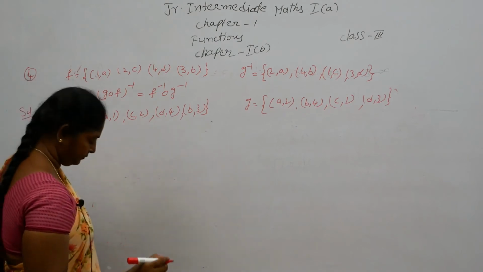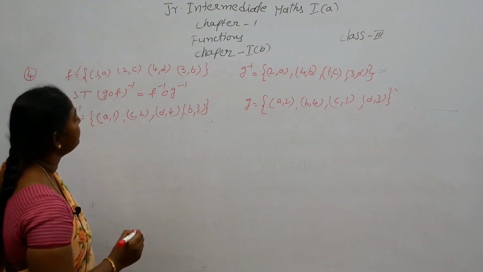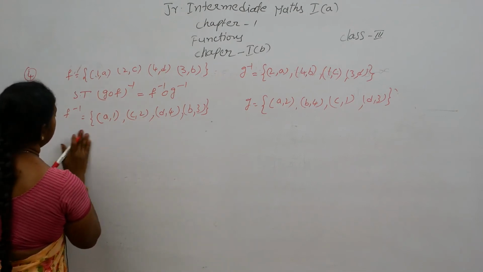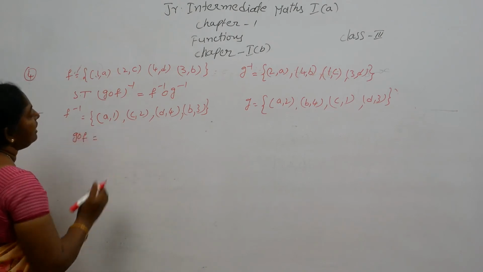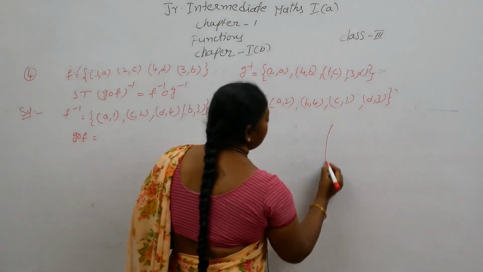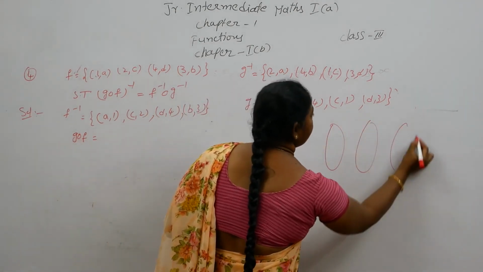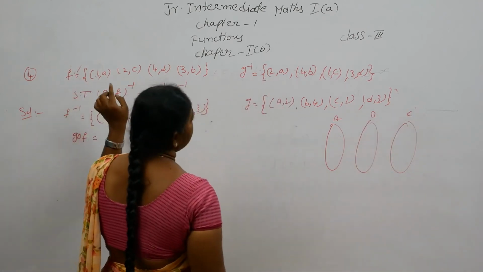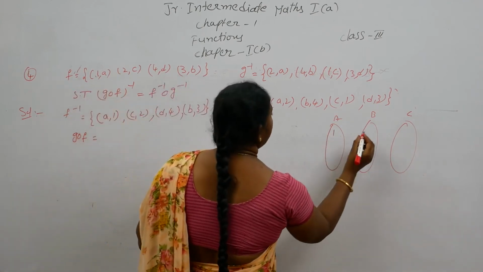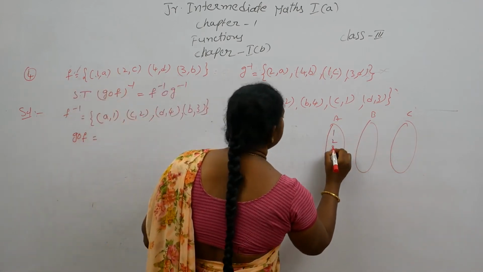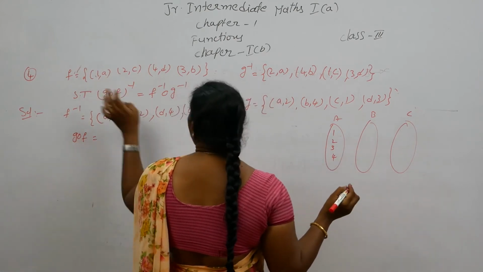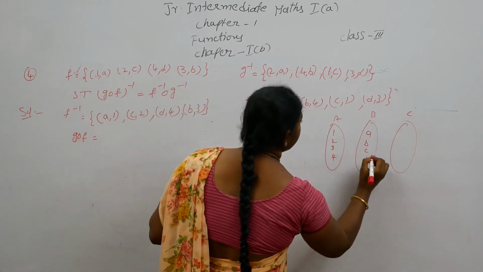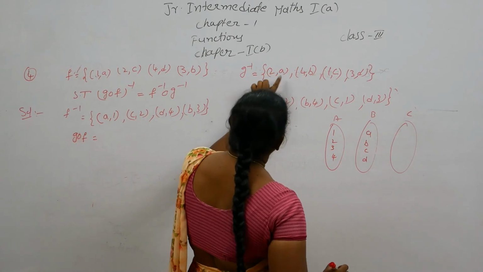So first g of f, we have to find first g of f value. A, B, C. So here A equal to f equal to 1 to b. 1, 2, 3, 4. And b values A, C, D, B. So A, B, C, D. And C value here A and 1, 2, 3, 4.